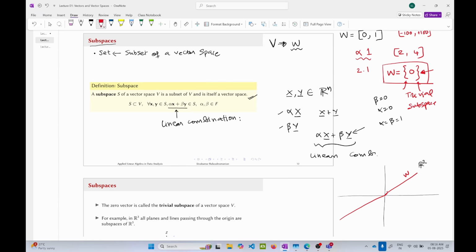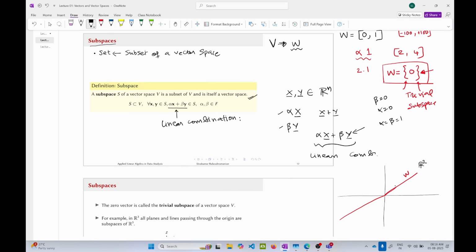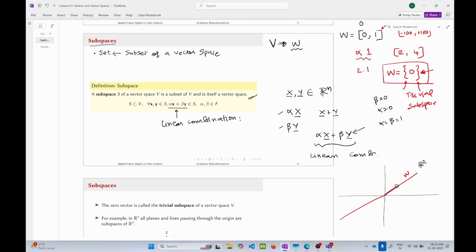Yes. If I choose an element from W, let's say I choose this vector, and I do a scale operation, I'm not changing the direction. I'm simply stretching or flipping it. I might reverse the direction, but I'm simply stretching or compressing it in that direction.